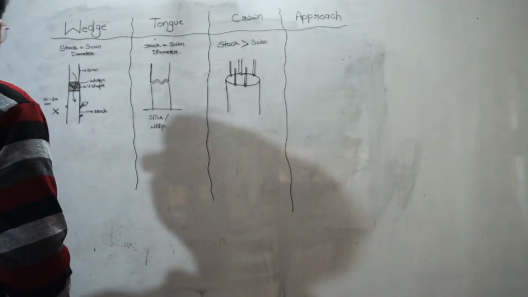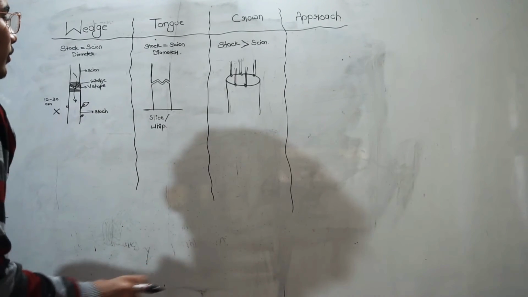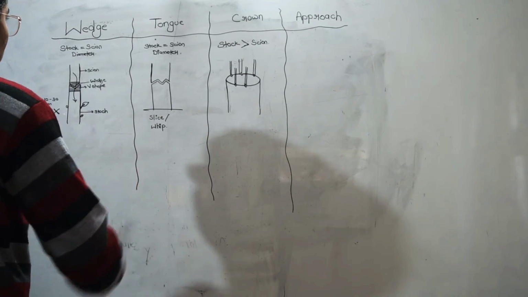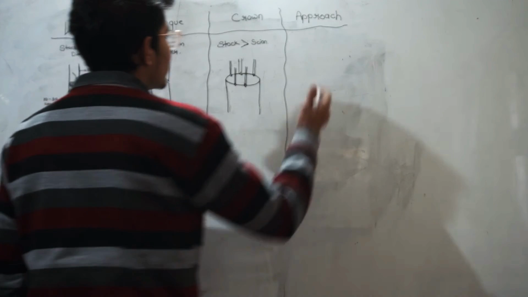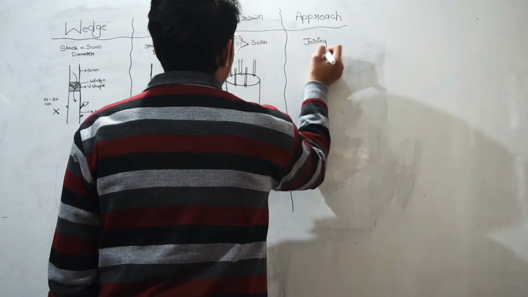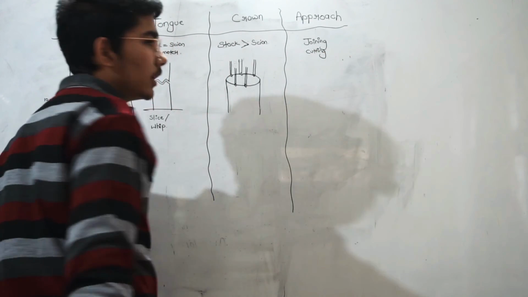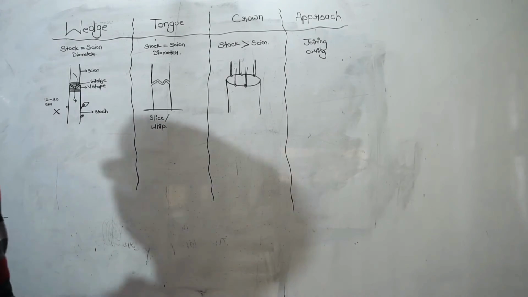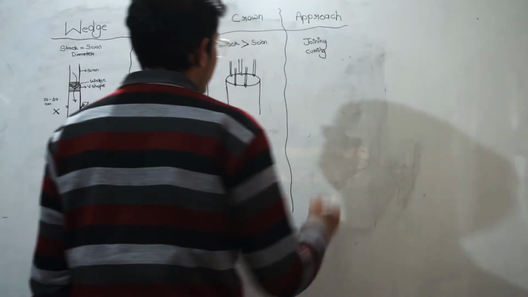And the last one, the approach. This is quite a different type of grafting from these three. Here, joining as well as cutting is done. Let's say two plants are present.